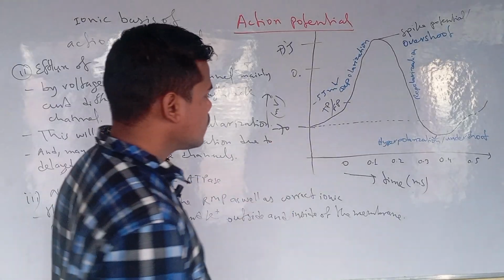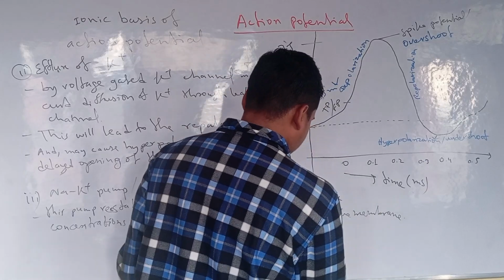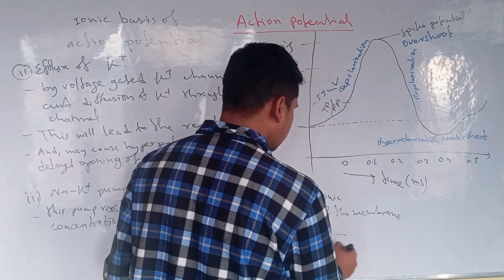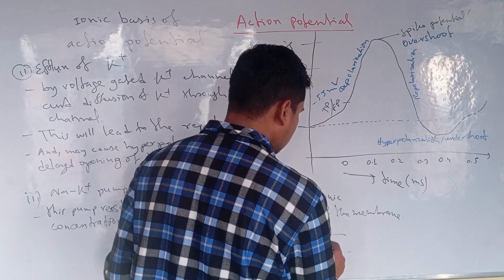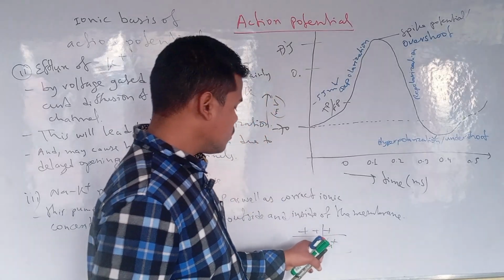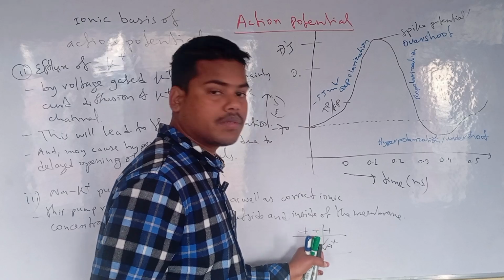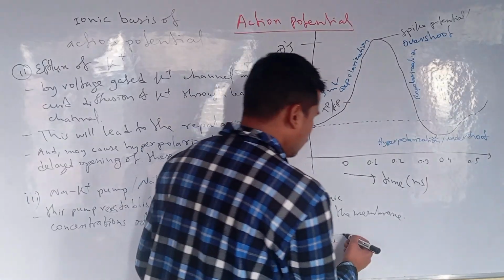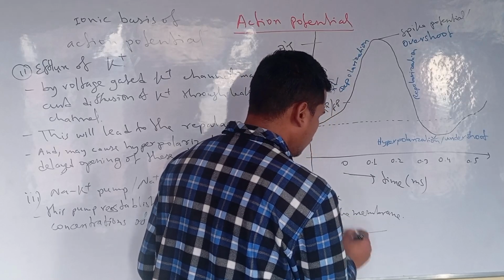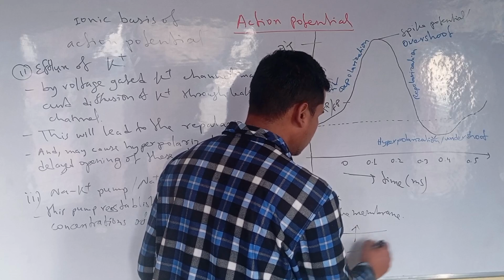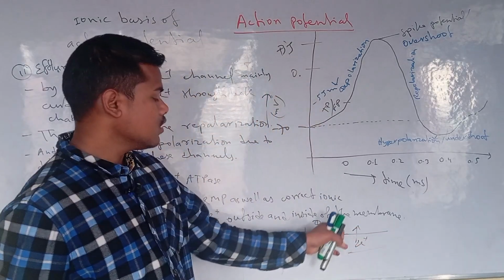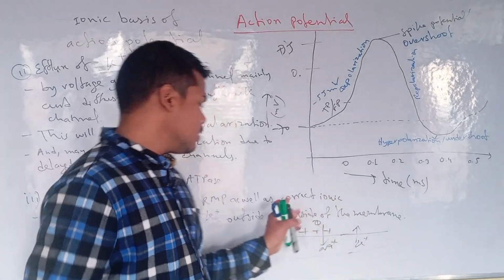Because during the depolarization phase sodium ion is getting influxed inside the membrane, and to counter this depolarization during the repolarization period, potassium ion will get effluxed.